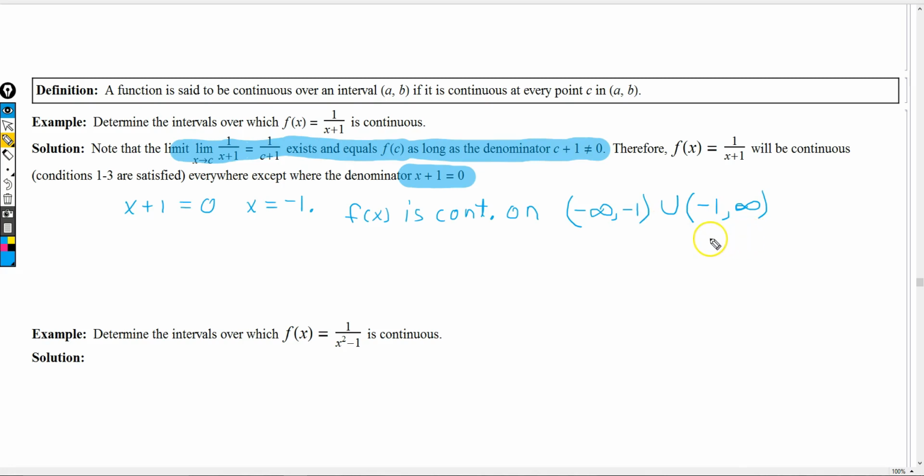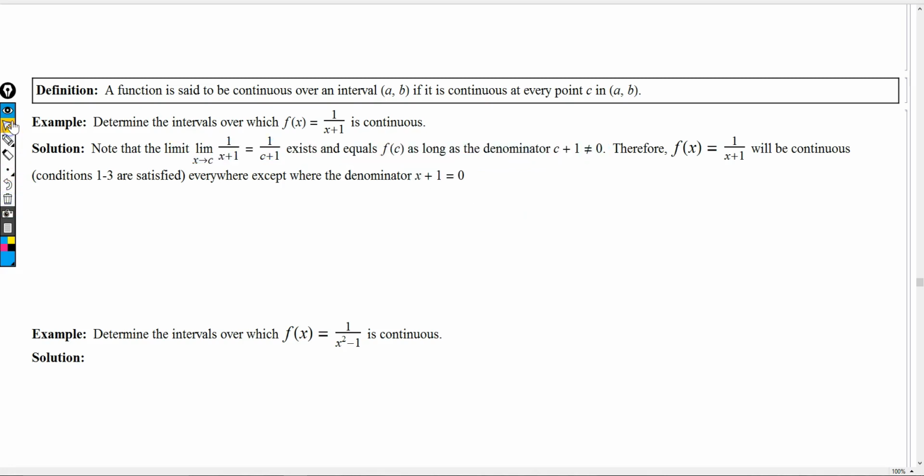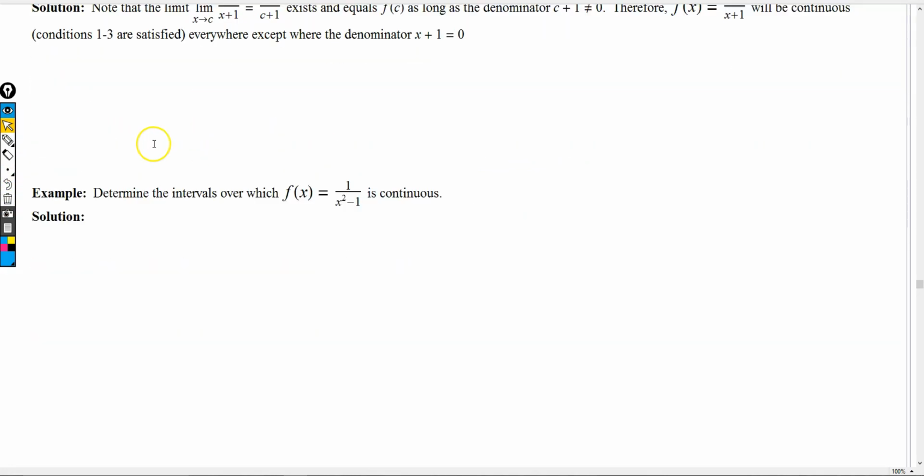Okay, let's take a look at another example right down here. Let's determine the intervals over which this function is continuous. All we have to do is find where the denominator is 0. That's where our function will not be continuous. We'll do that first.